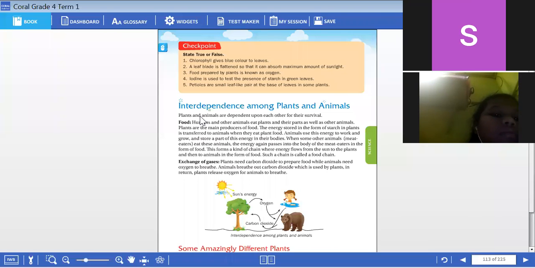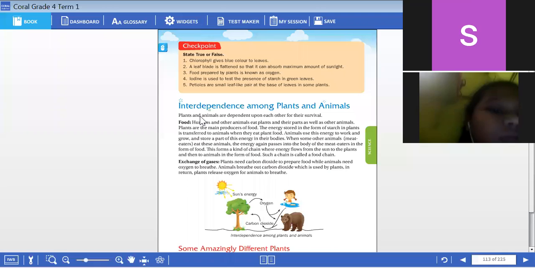Interdependent means plants depend on animals. In the same way, animals depend on plants. Let's see how they depend on each other. You may ask the question, madam, animals will definitely depend on plants because they'll eat the grass, the leaves, the fruits, vegetables coming from plants.